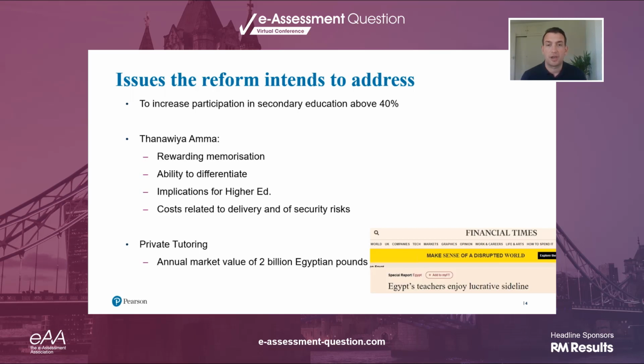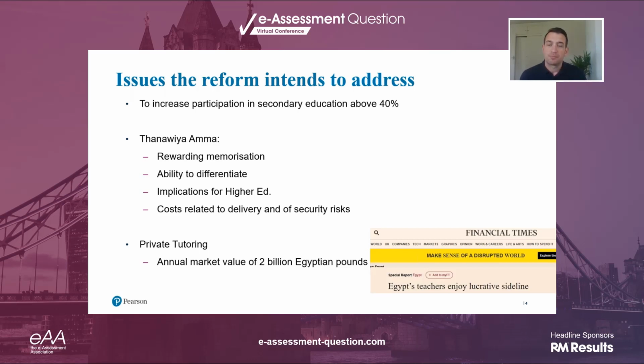Now, it must be said that the last issue is not by any means restricted to Egypt as a jurisdiction. I'm sure many of us can relate to that, but it's seen as something where the transition to on-screen assessment will improve the security around the assessment offering. It's by no means a silver bullet. It raises other risks, but it is seen as a method by which security can be improved and costs can be lowered after an initial outlay.